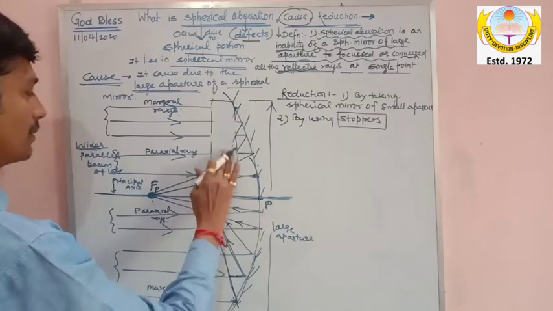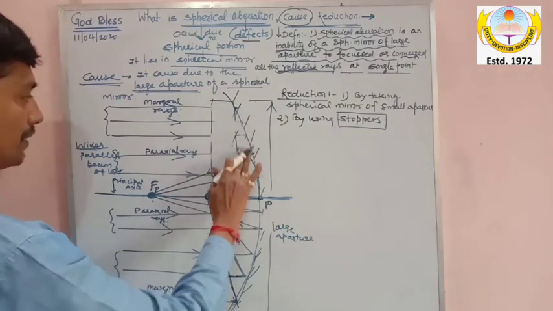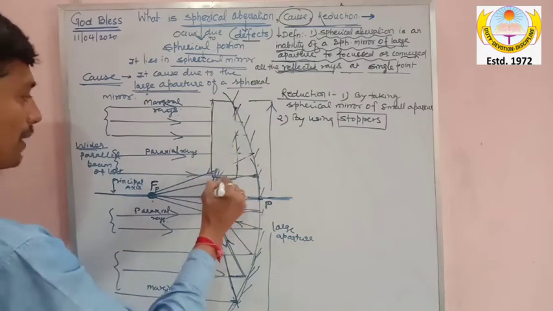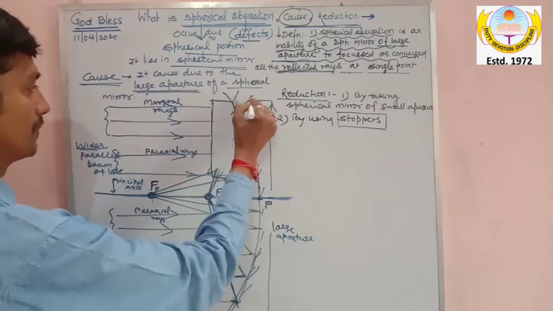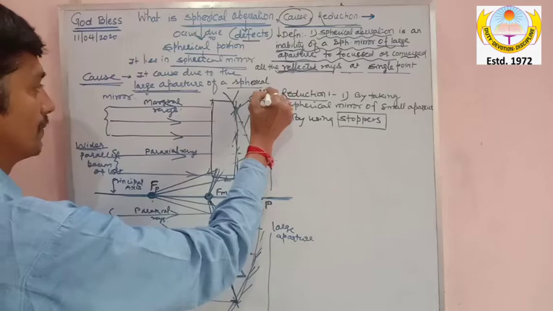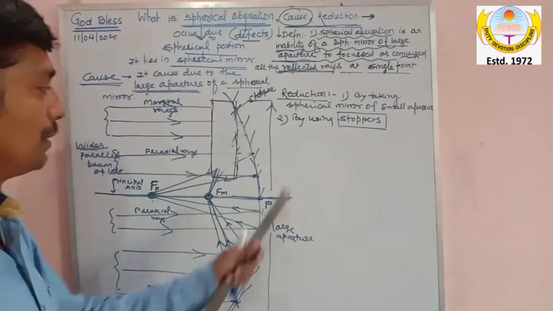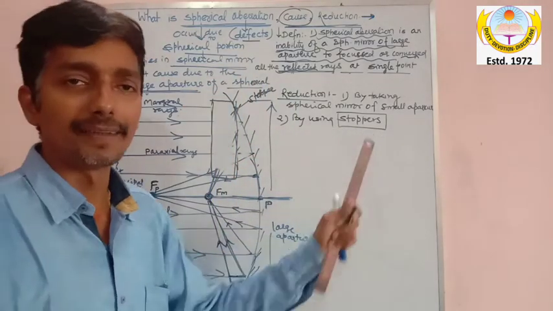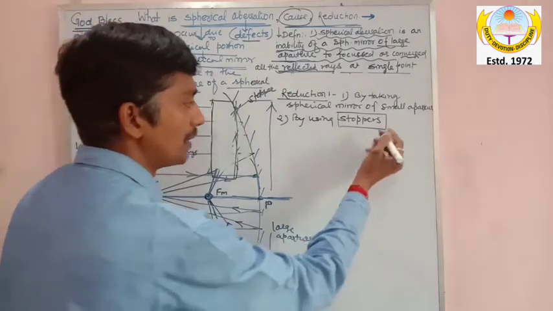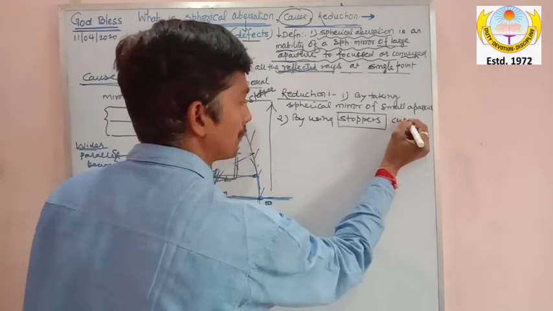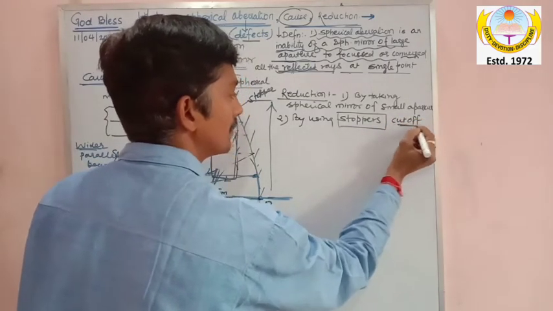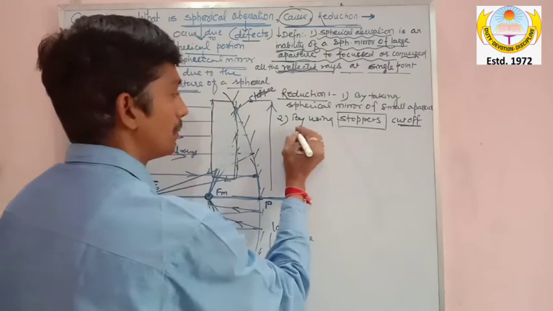You can see now. So this is the stopper you can use. So what will stoppers do? Stoppers will cut off marginal rays.